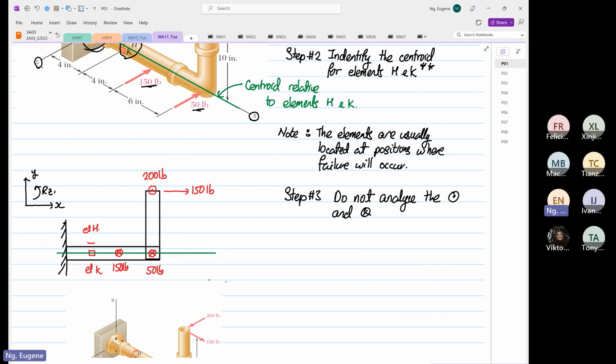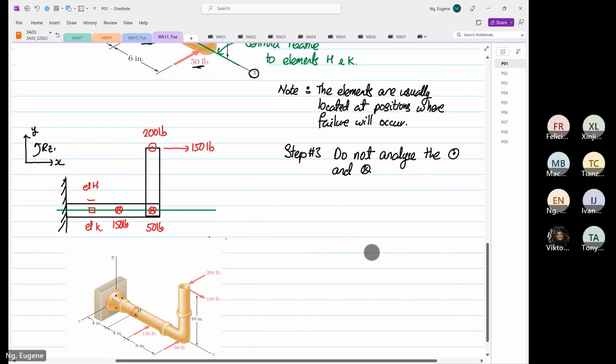Don't analyze the dots and crosses. Just bear with me.